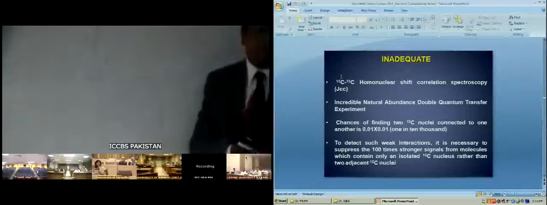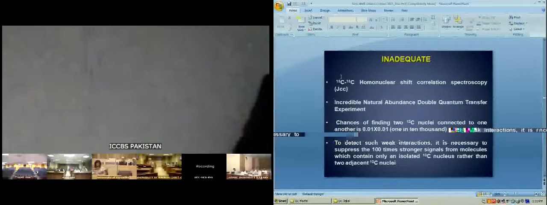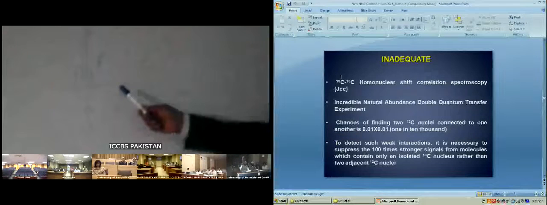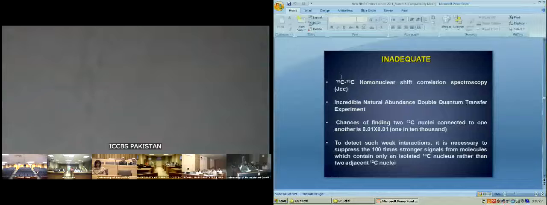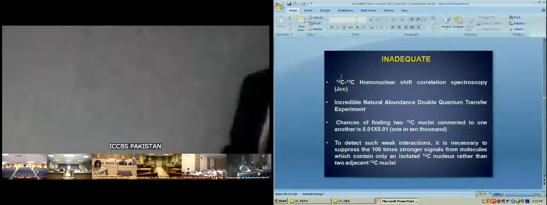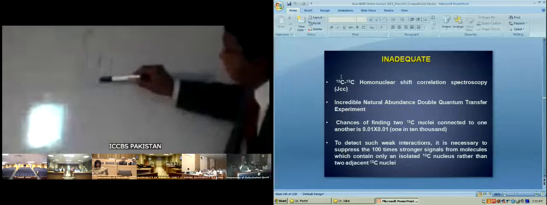Understand that you have 1 in 10,000 molecules with a C13 next to a C13, and this central peak belongs to what? Single C13. Can you see that, right? So you have a very big peak which represents the isolated C13 and small side bands, satellite peaks, which represent C13 to C13.